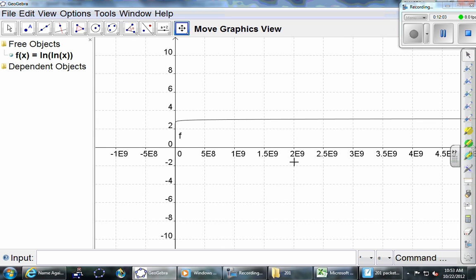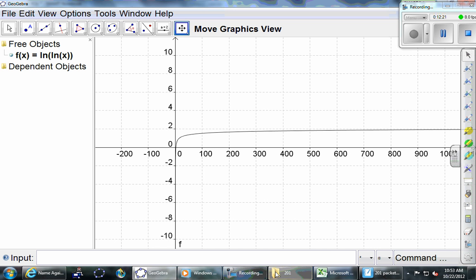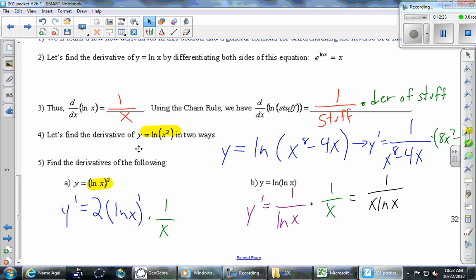And what are these numbers? e to the 9th. What word is that? Is there billions? Okay, so at 2.5 billion, we're around 3. So it does grow forever. It does get up to infinity, but it takes a long time. Okay, so let's come back here.